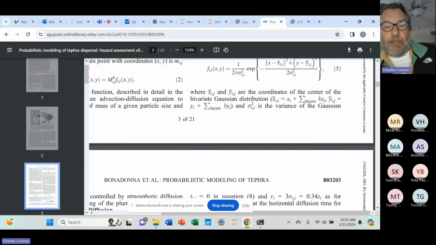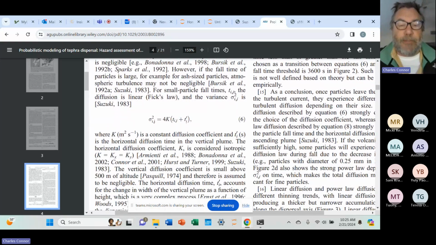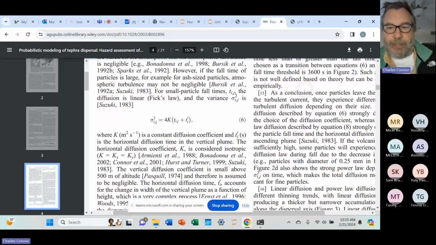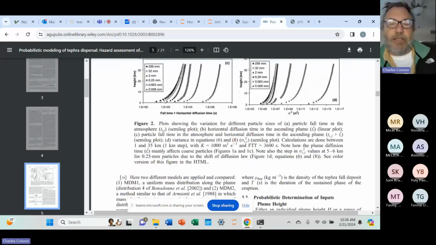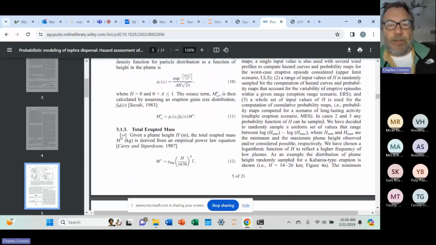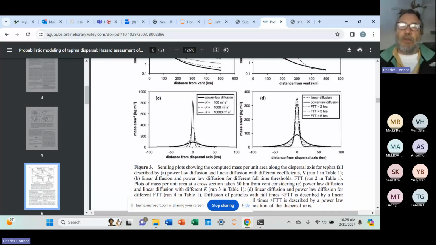So the paper then goes into describing what these different parameters mean in terms of atmospheric and volcanological processes. And the net result is trying to forecast something about where particles wind up in what volume.